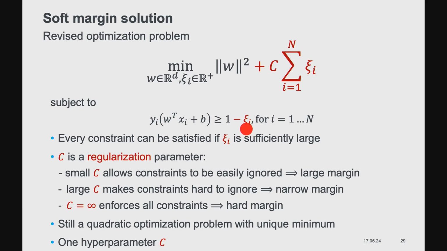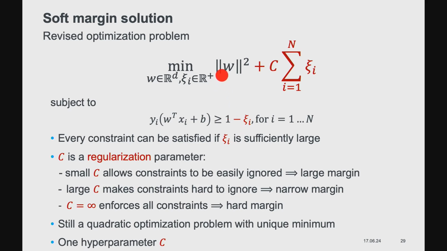So when the zeta i is larger than 0, then we have some unintended consequences. And rather than preventing these unintended consequences, we say we allow them, but we punish them.